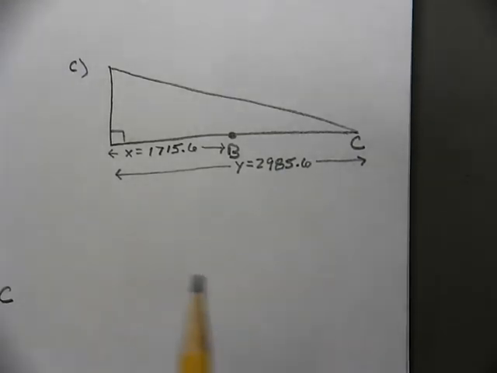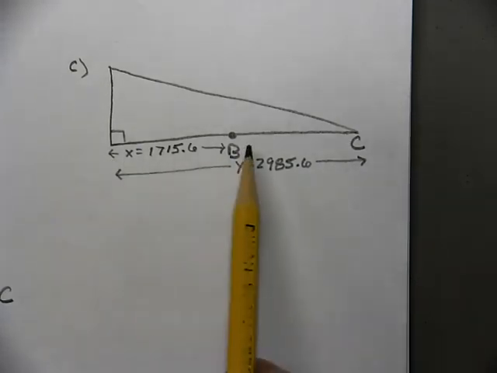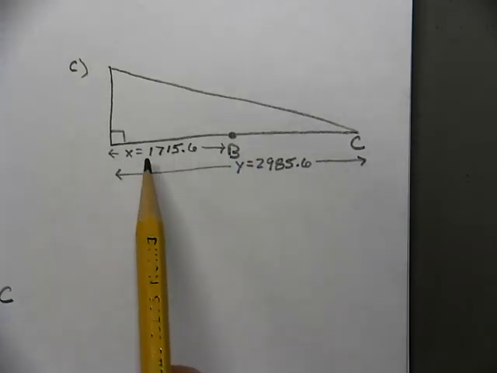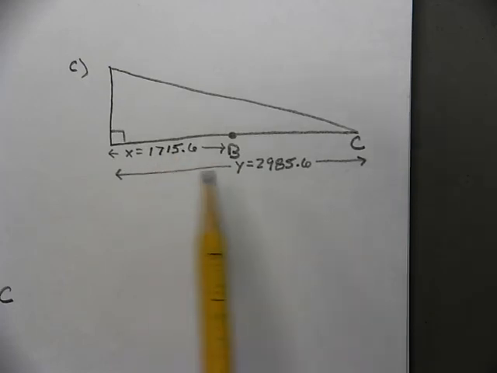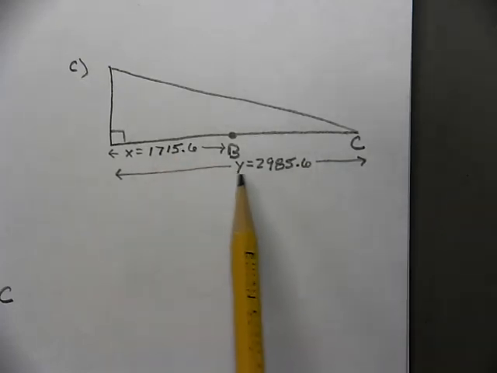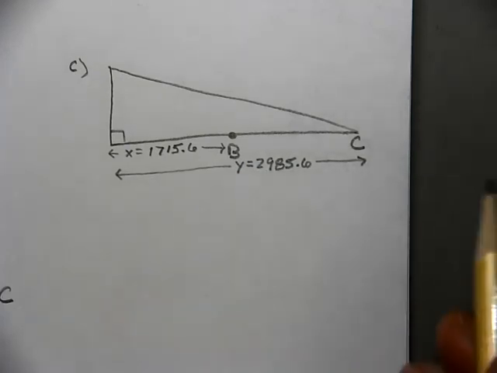For part C, we're supposed to find out how far apart the two people are, from point B to point C. We know that point B was our x value, which was 1,715.6. Point C was a y value, 2,985.6.